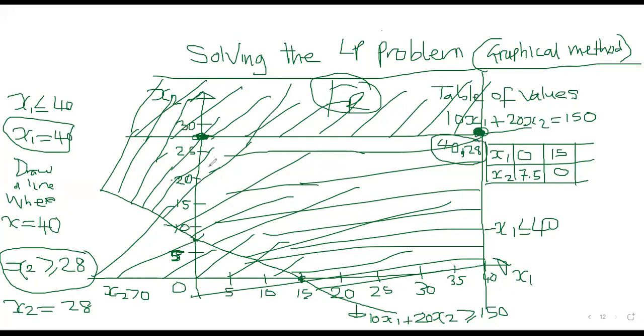This point is (0, 28). So it is at this point here. That is (0, 28) and (40, 28). This is the feasible region, because this is the region where all the shadings converge.